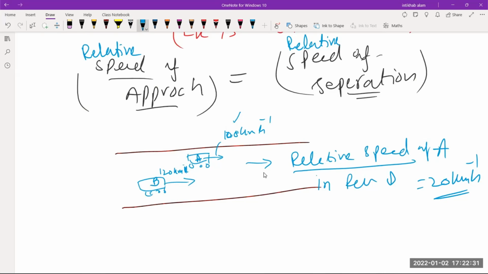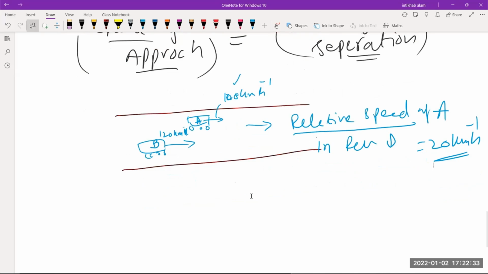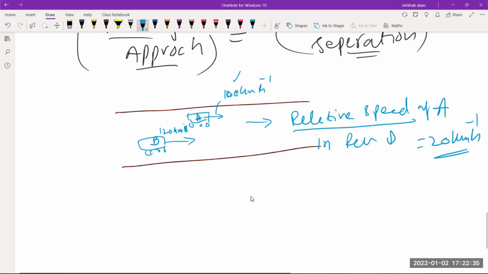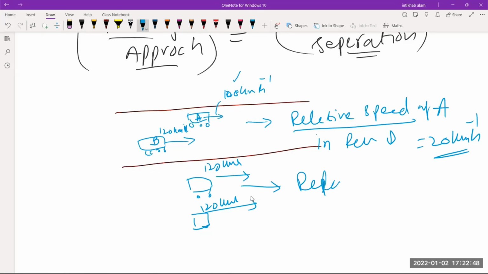because if you are traveling in the same line, the relative speeds are subtracted. For example, if the two vehicles are going in the same direction with the same speed, this is also going with 120 kilometers per hour, so their relative speed is zero.